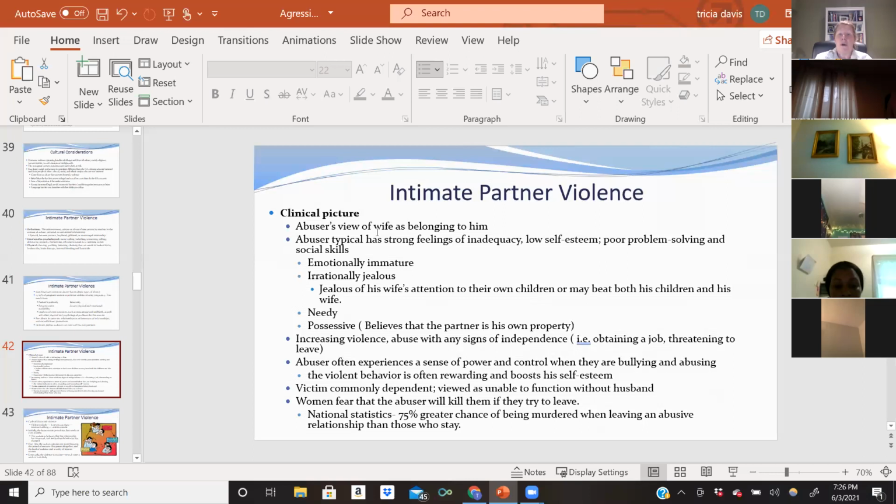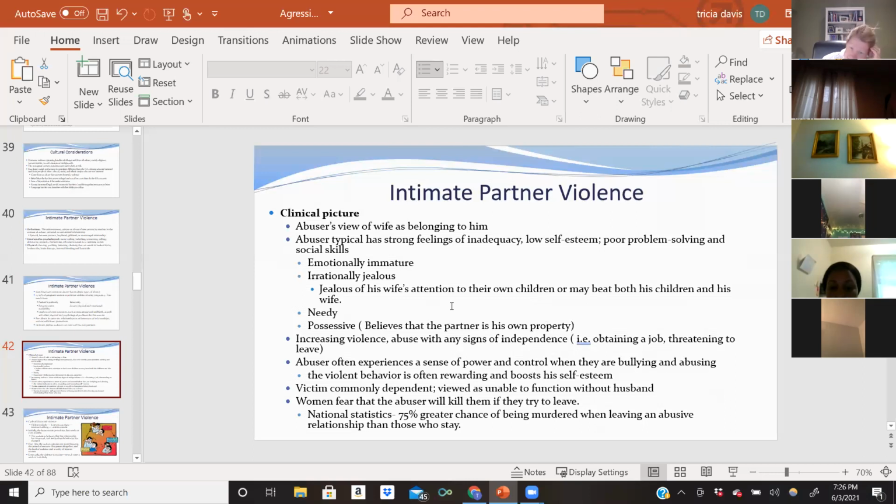Studies show that they're emotionally immature and irrationally jealous. We even see that sometimes they're jealous of their wife's attention to their children, and they might beat the children and their wife together because they see the children as a threat to him. They're needy and they're possessive. Like I said, they believe that the partner is their property.